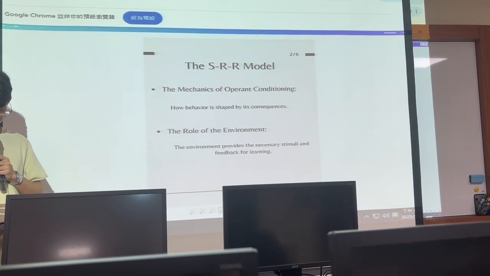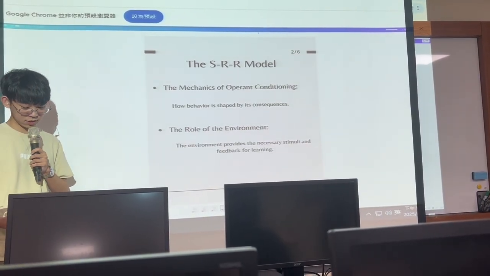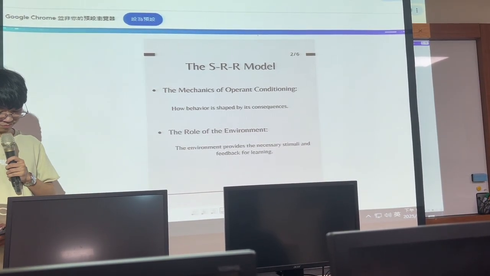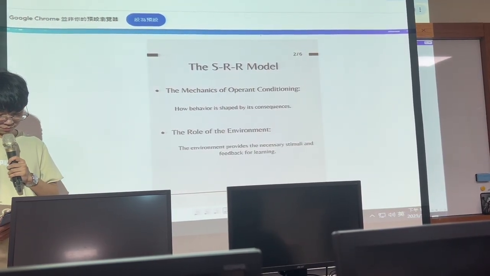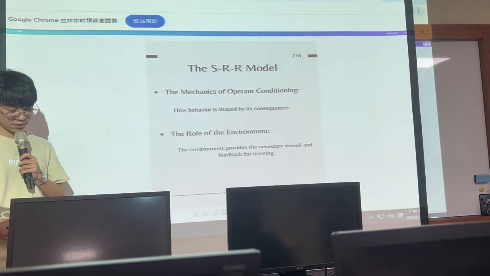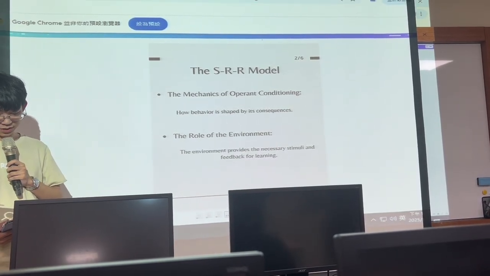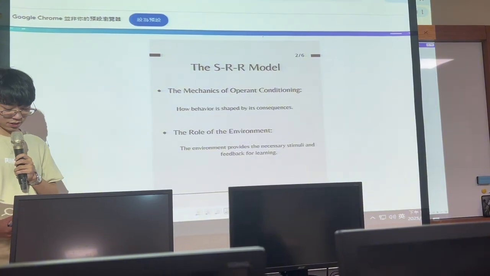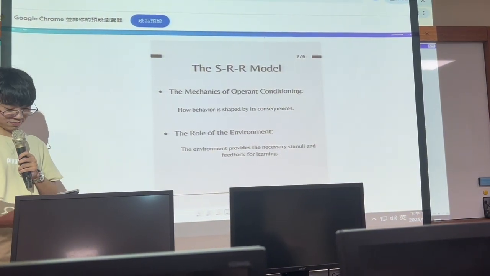If behavior leads to a good result or reward, it is more likely to happen again. Here the environment is key. It provides the stimulus that starts the behavior, and it also gives the feedback, the reward or punishment right after.